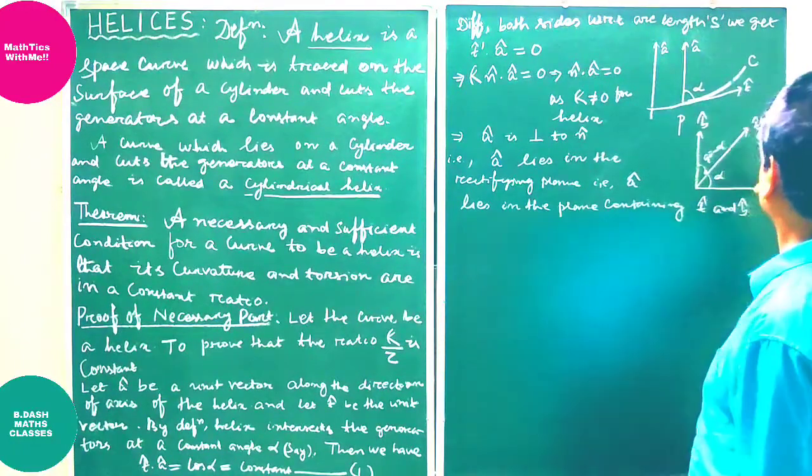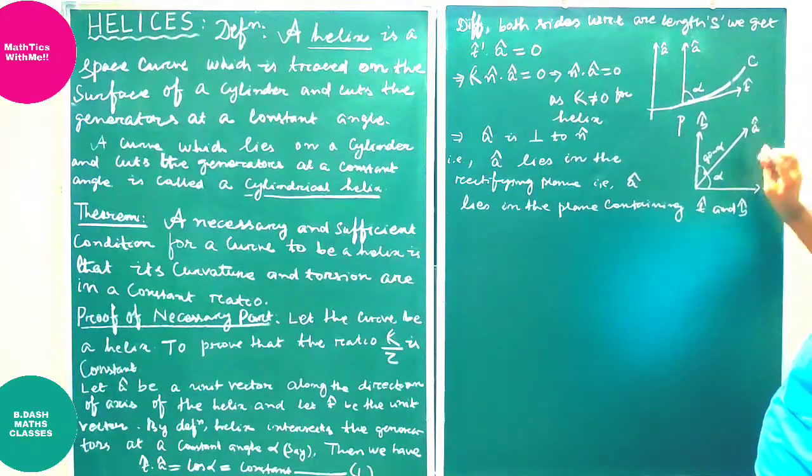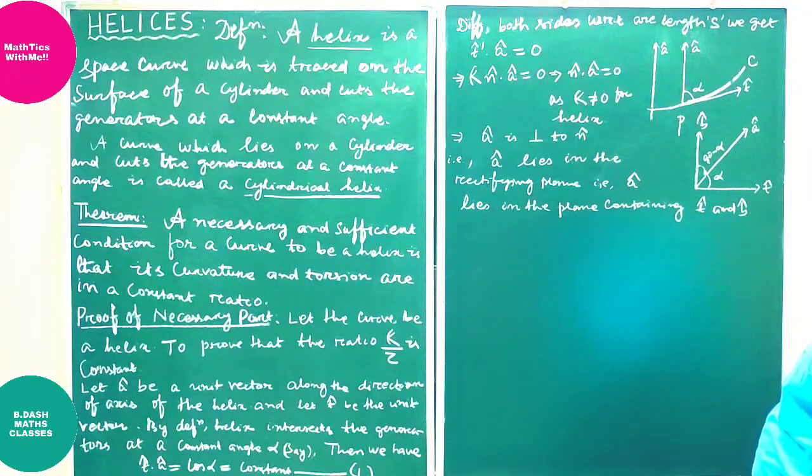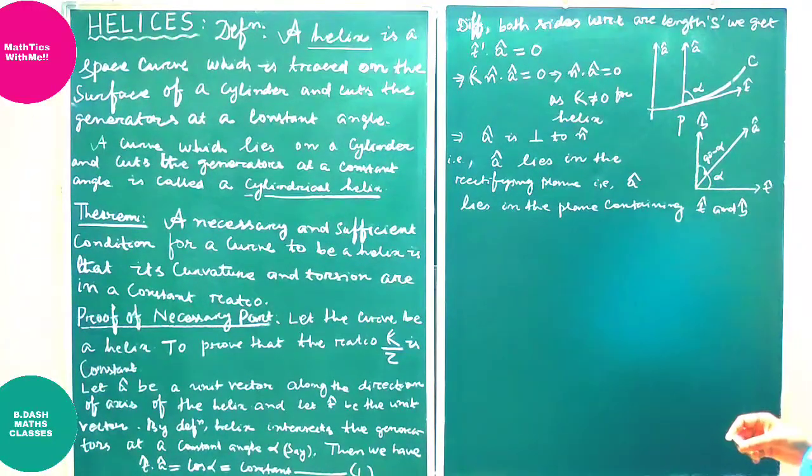Here we have taken that vector a cap lies in the rectifying plane containing t cap and b cap.